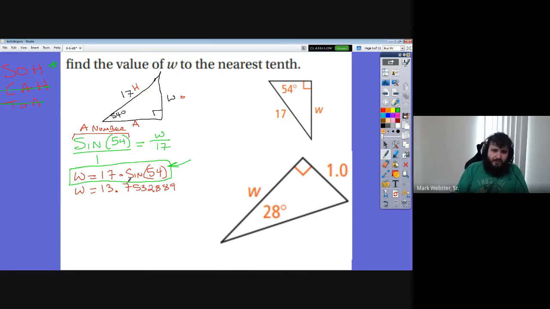If you don't write out this step, then I don't know that you were correct, and then you'll probably get no points as opposed to most of the points. You know what I mean?